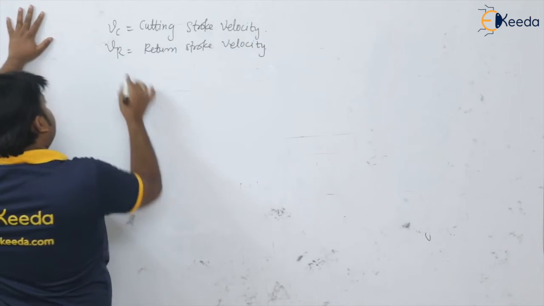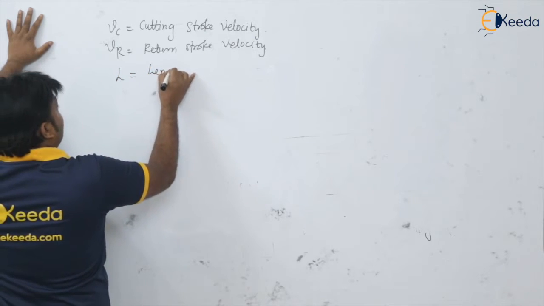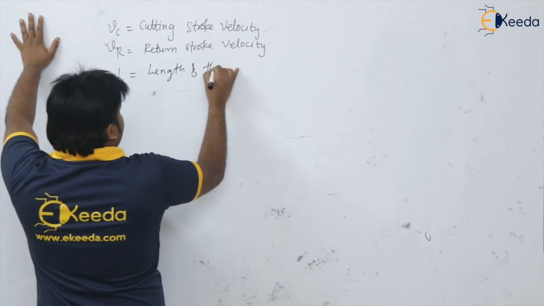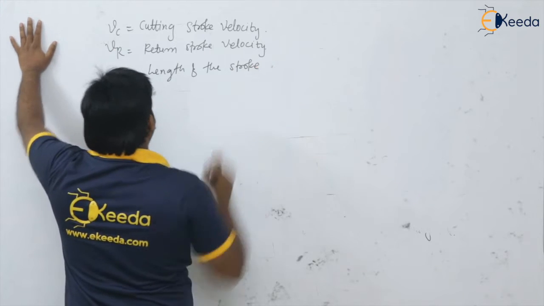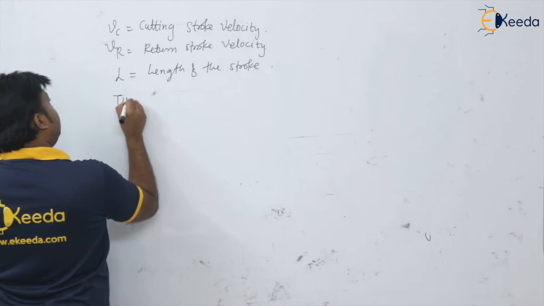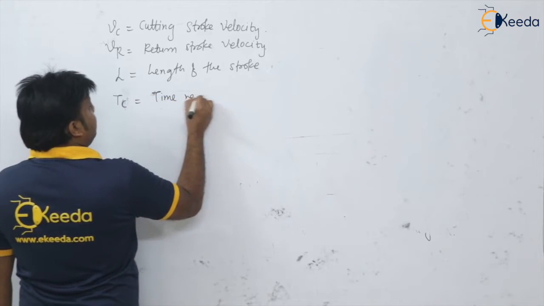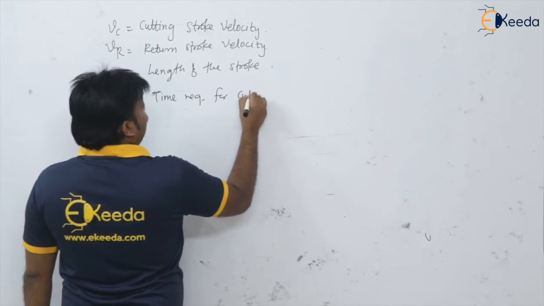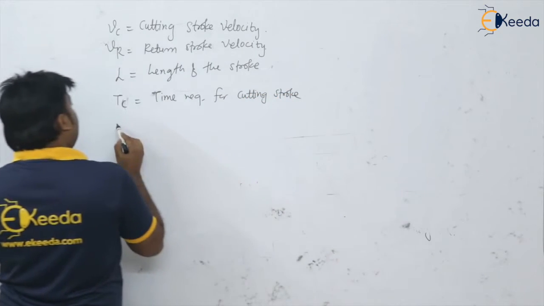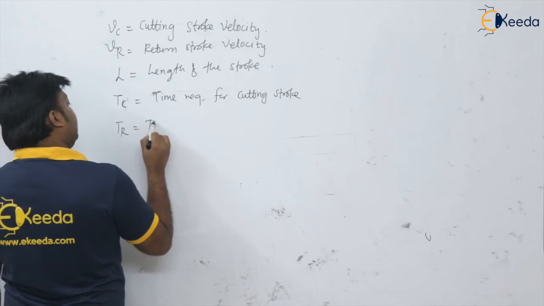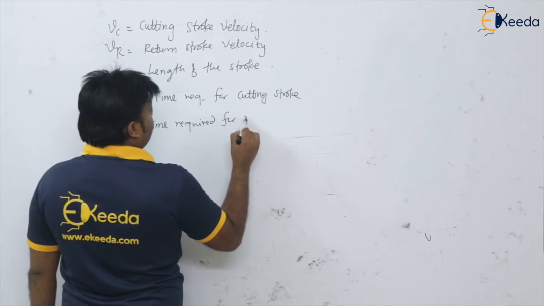If we are having the length of the workpiece L or length of the stroke is L, and the time required for the cutting stroke will be TC. TC is the time required for cutting stroke, and TR is the time required for return stroke.